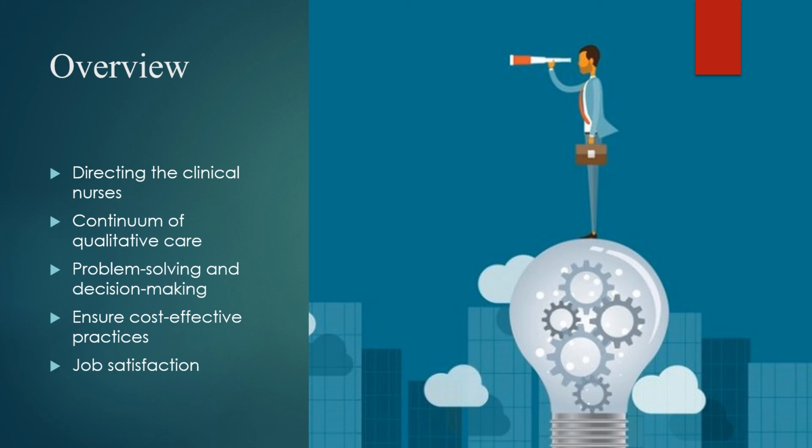Specifically, leadership in nursing is a fundamental skill that allows the clinical provider to direct the complex healthcare system efficiently, and to provide decision making and problem solving to achieve the same goals.